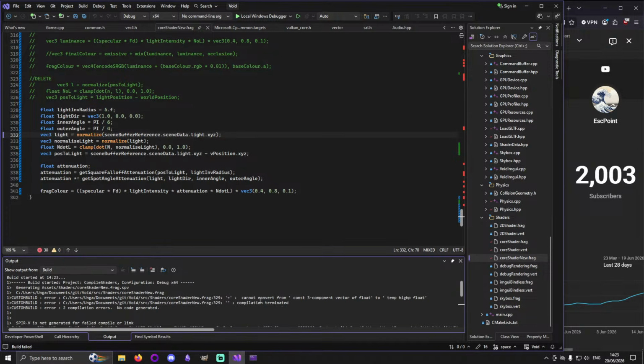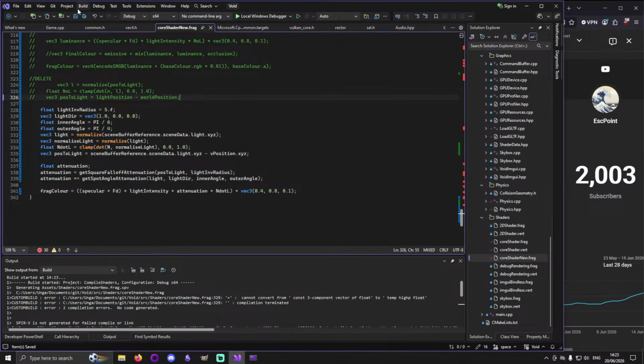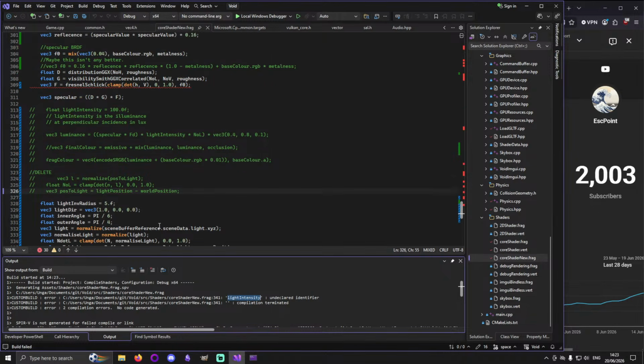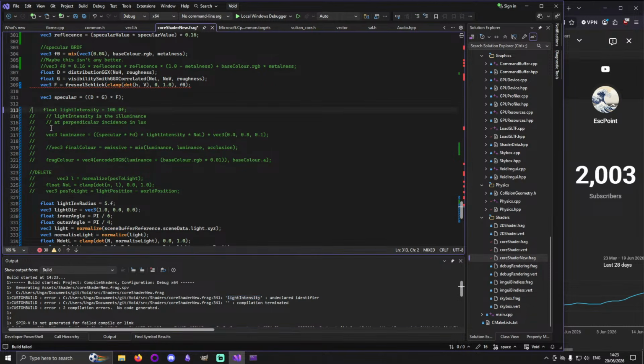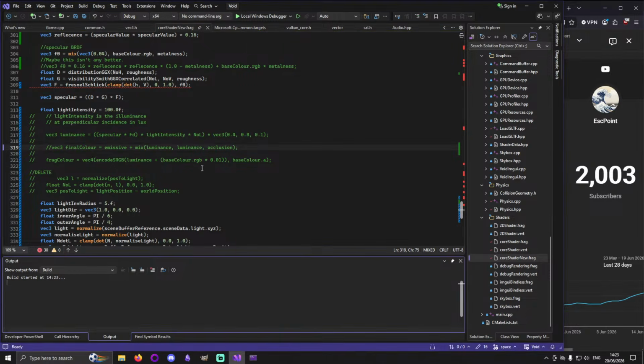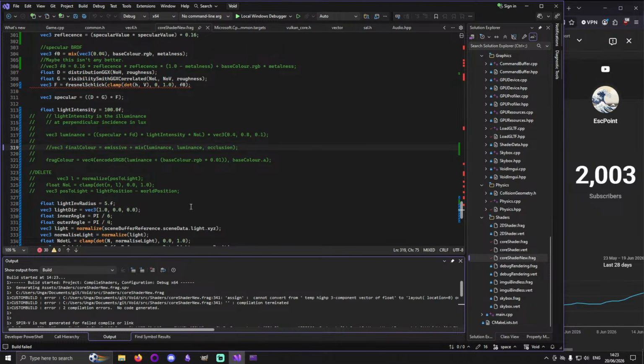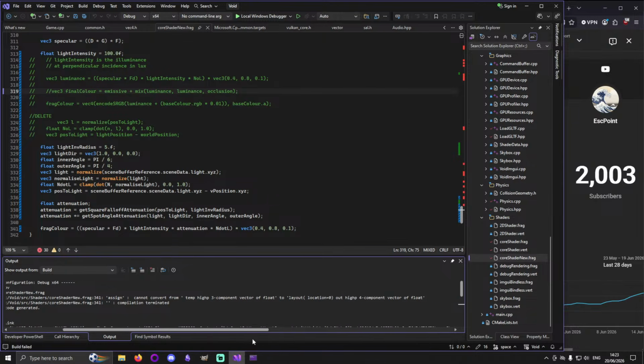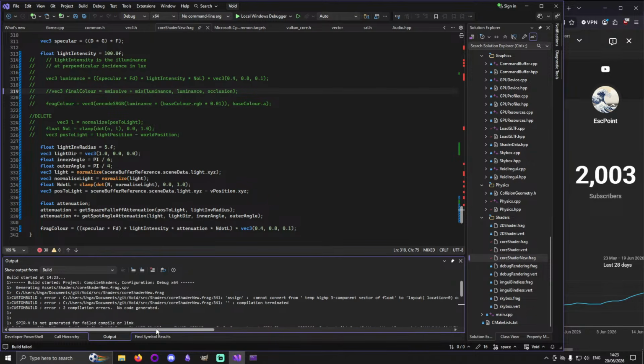Oh, it doesn't build. Okay, what are we missing? Cannot convert. Oh yes, big mistake right there. Light direction needs to be vec3. Light intensity is under. Okay, so that was commented out unnecessarily. Okay, so the assignment in line 341 of a, for what value though?